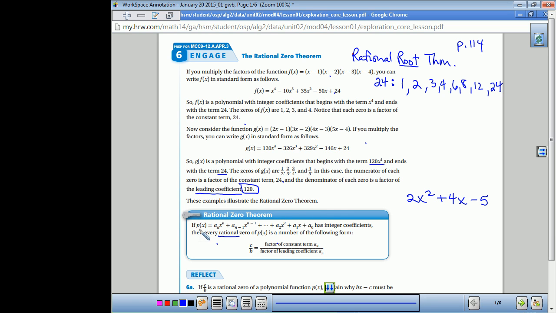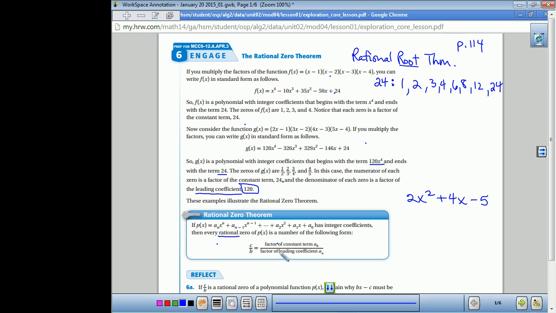Whenever we have a polynomial function with integer coefficients, every rational zero of this function, not every zero, but every rational zero, is a number in this form. It's a factor of the constant over a factor of the leading coefficient. Every possible rational zero comes from this list.